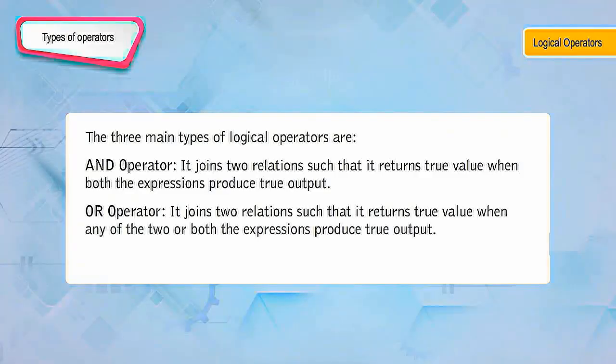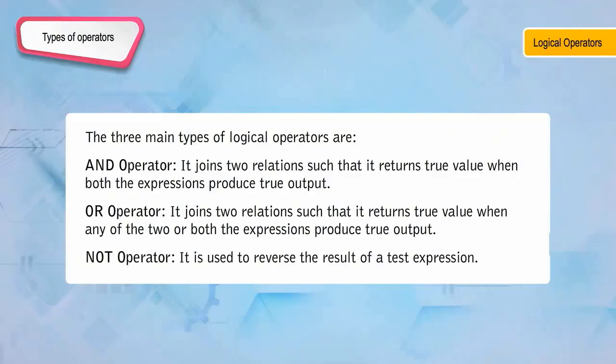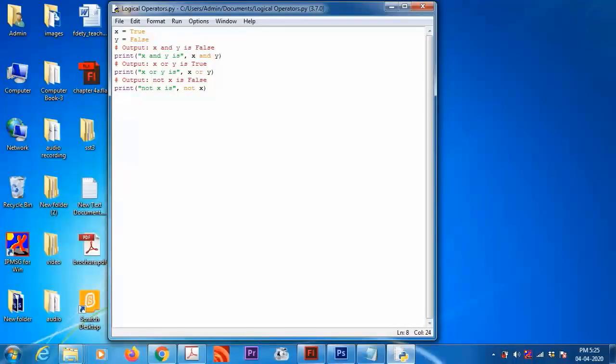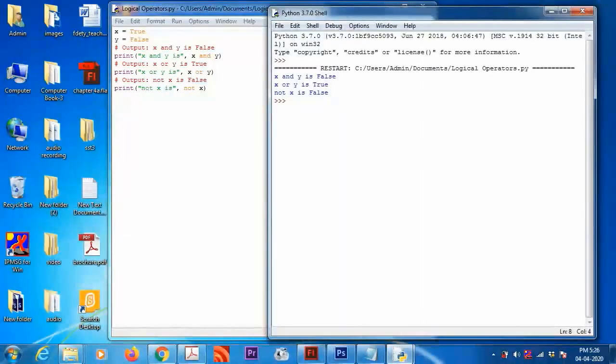OR operator. It joins two relations such that it returns true value when any of the two or both the expressions produce true output. NOT operator. It is used to reverse the result of a test expression. Program. Output.